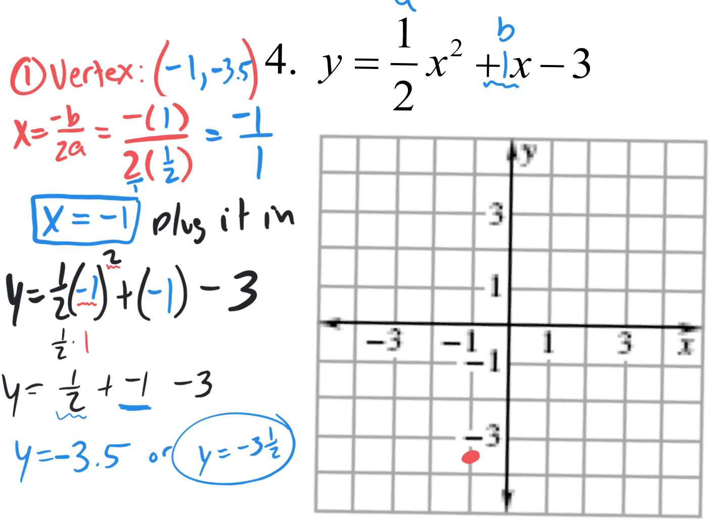So there's your vertex. After you draw your vertex, you might as well draw the axis of symmetry, which is just this green dotted line, this vertical line crossing right through that vertex. And since they ask for the equation of this axis of symmetry, what is the equation of the axis of symmetry? You're going to say x equals -1.